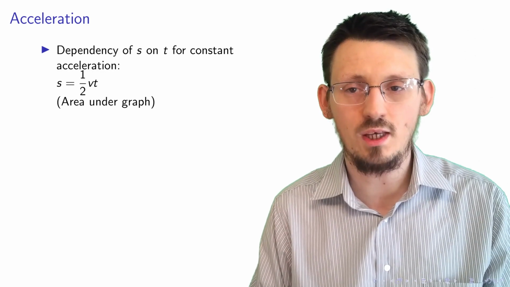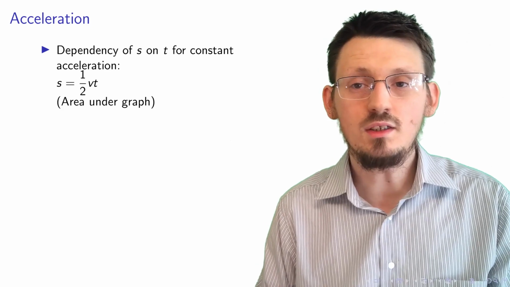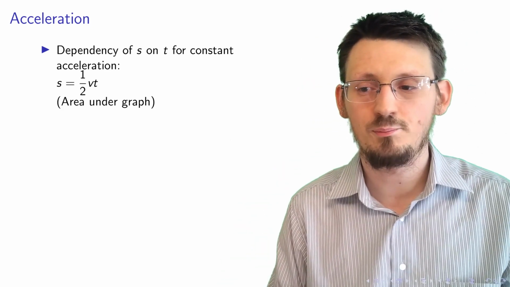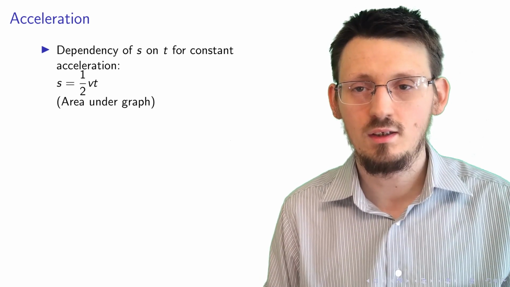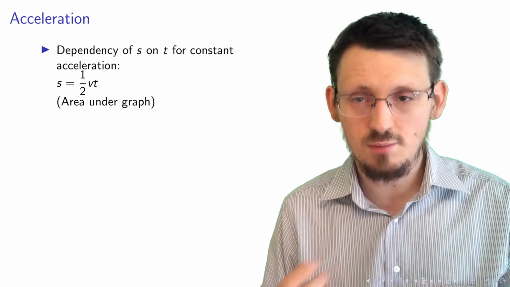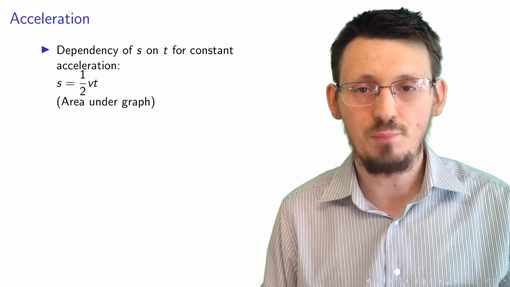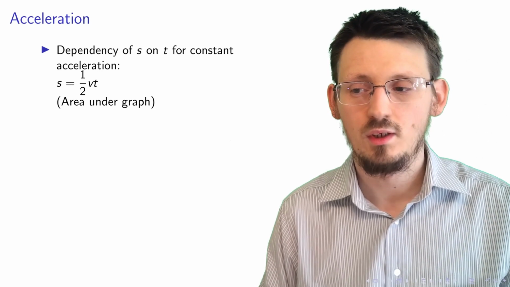For that we have to calculate now the area under the graph in the vt diagram that I have shown before, and this is a triangular shape. The area of a triangle is simply, as you might know, 1/2 of the base of the triangle times the height of the triangle.